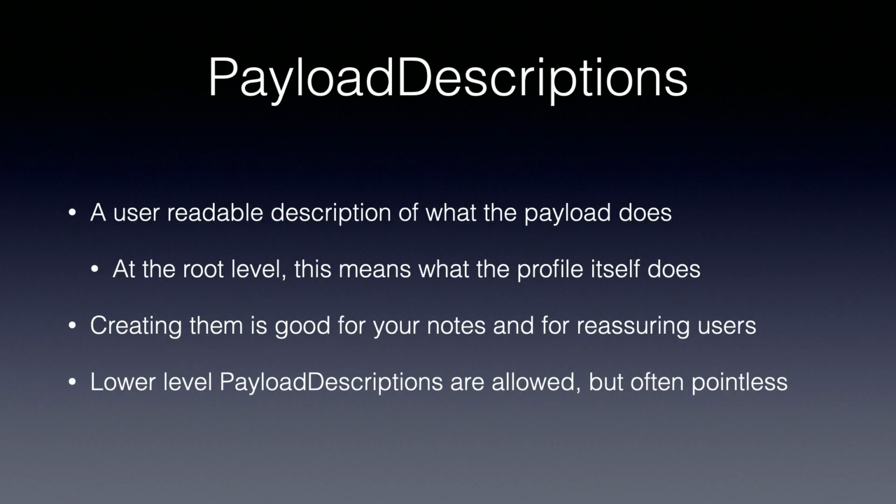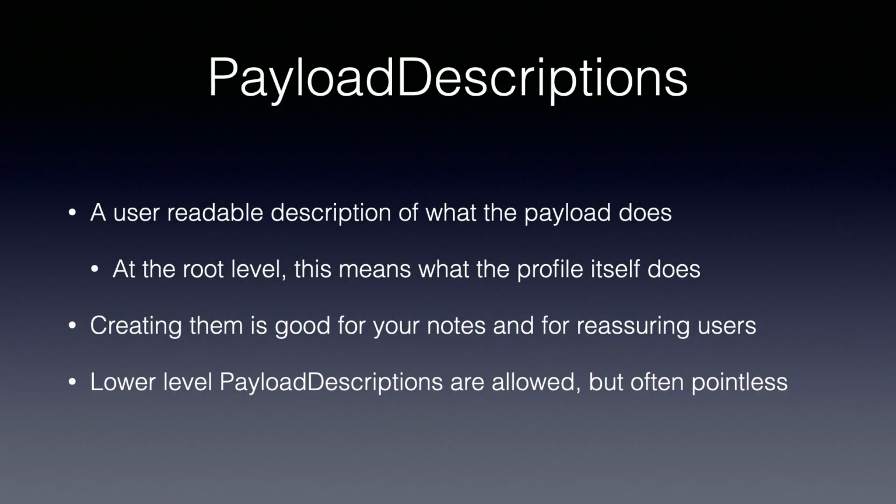Okay, the descriptions are the user-readable part of a configuration profile. Again, technically every payload can have one. In practice, the one you care about is going to be at the root level, which, amongst other things, is what users will see in the Profiles pref pane on Macs or in Settings in highly variable locations, currently VPN and Device Management in iOS.